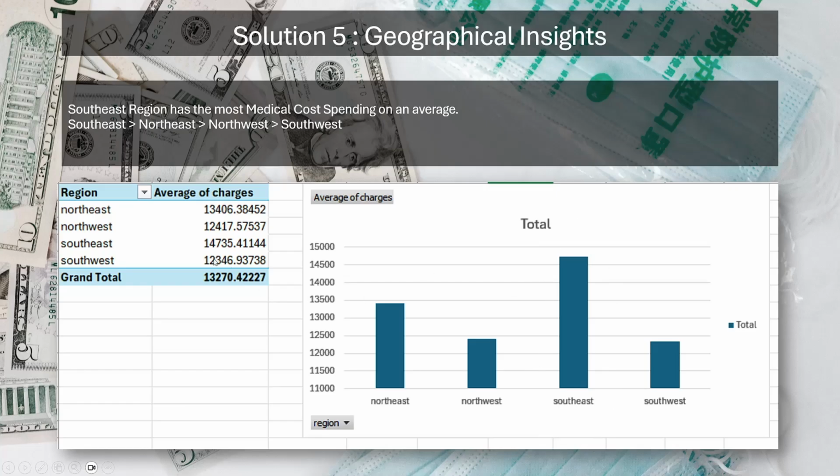You can see here that southeast has $14,735 on average medical costs, which is much higher than all the remaining three regions. So we have a cost spending sequence: southeast having the most expenses, then northeast, then northwest, and the least is southwest. Southwest people are much healthier than the southeast ones.